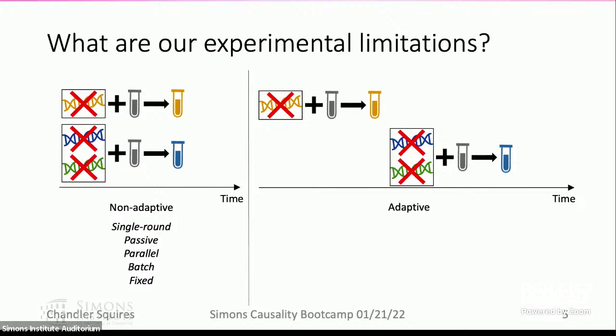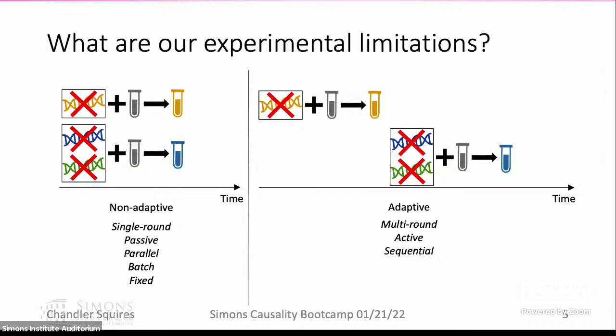So maybe in this case you make the same decision you initially made, but you're making it with more information. To contrast with single round, you could call this multi-round intervention design. To contrast with passive, you could call it active. And then you'll also see this called sequential. This is more of the sequential decision-making problem that people might be familiar with from bandits and other literature.